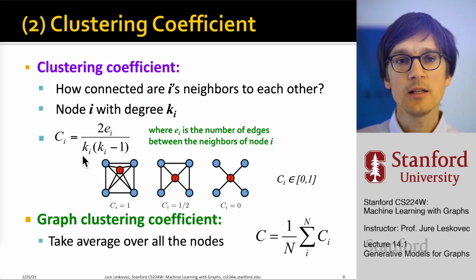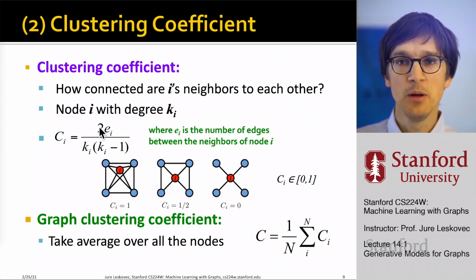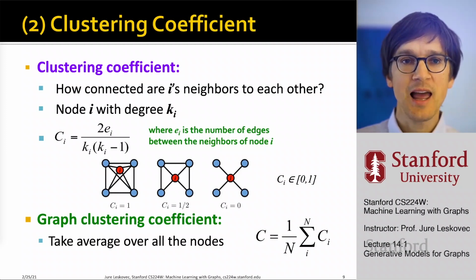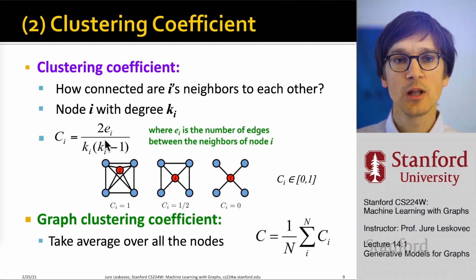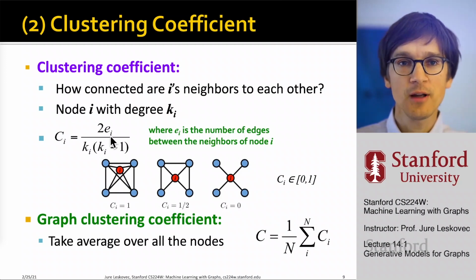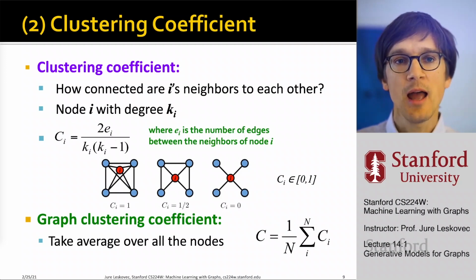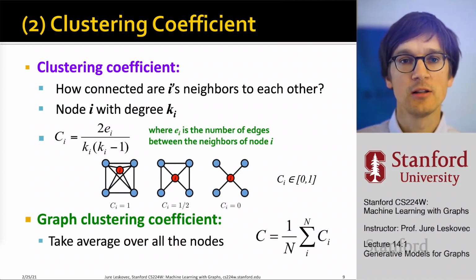The reason it is this way is that I have k neighbors. So k times k minus 1 divided by 2 is k choose 2. It's the number of possible pairs of neighbors you can select. So this is the total number of edges that is possible between pairs of neighbors of a given node with degree k sub i, and e sub i is the actual number of edges that occur, right?